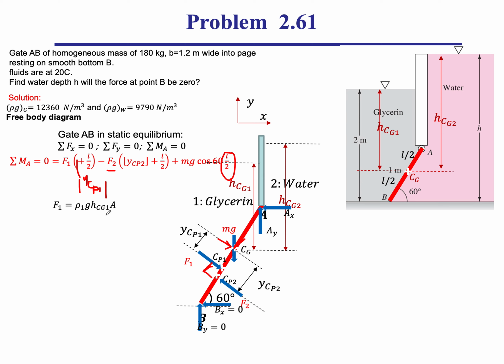So what this is, rho g hcg1, is just the average pressure on the glycerin side multiplied by the area. The average pressure is just the pressure at the center of that area. It's a result we derived the previous time.